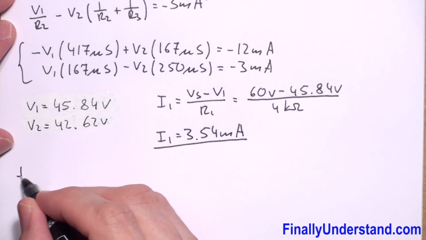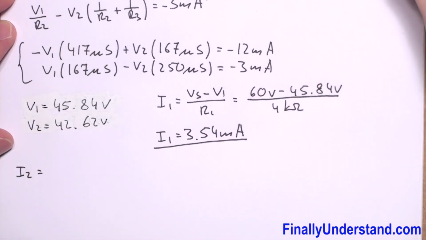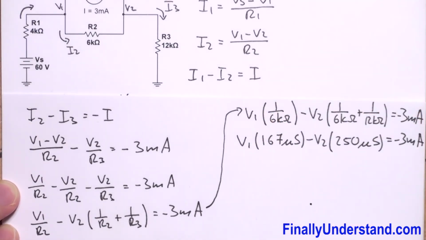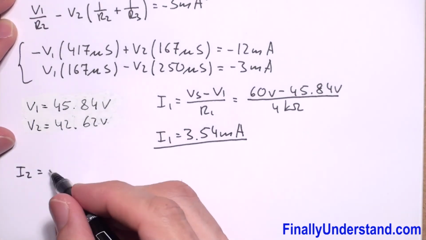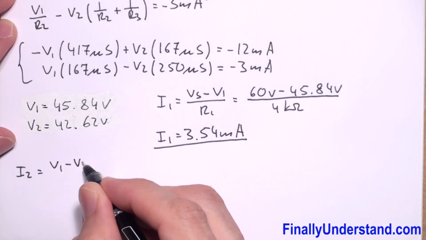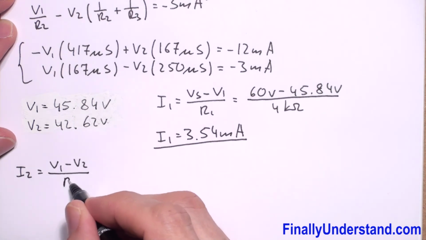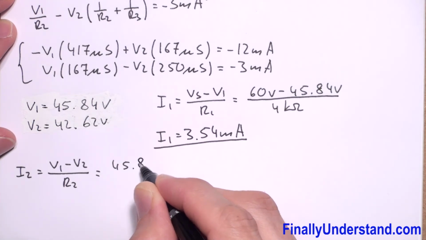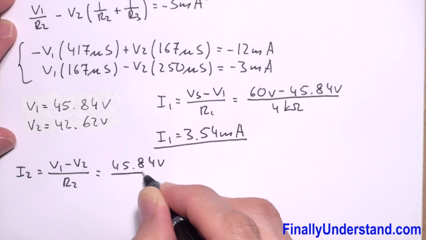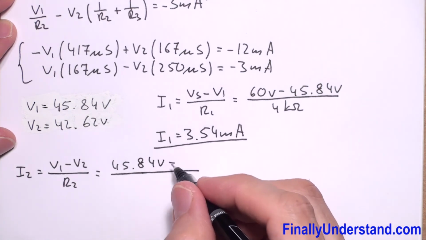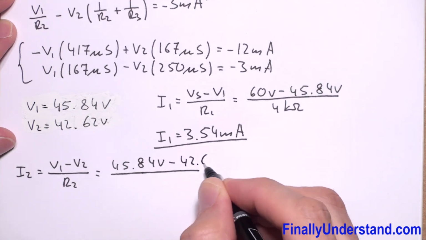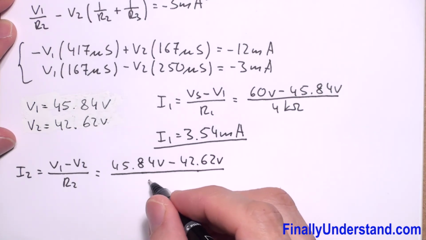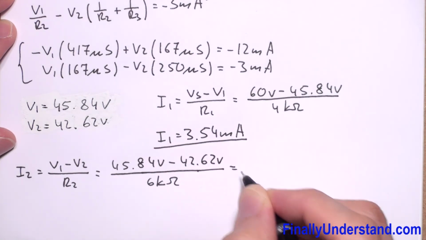I2, again we have the formula given. I2 we said is equal to V1 minus V2 over R2. So I have V1 minus V2 over R2. V1 is equal to 45.84 volts, minus 42.62 volts over R2, which is equal to 6 kilohms.